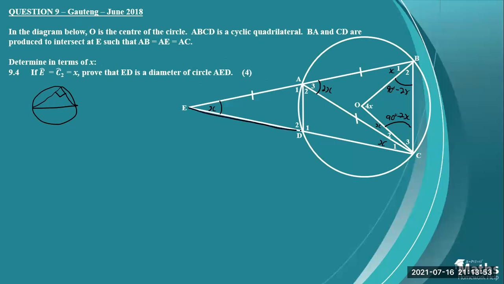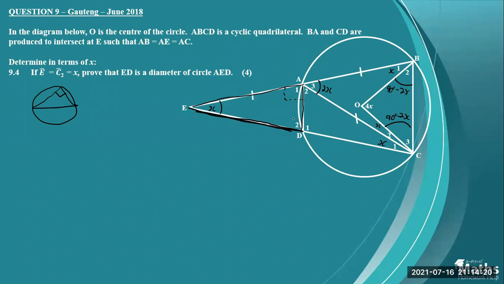There's ED. Prove that it's a diameter. So when will it be a diameter? Well, if we can somehow prove that angle A1 is 90 degrees, right? So that's what we're going to try. I always work with dotted lines to indicate what we must try and prove.